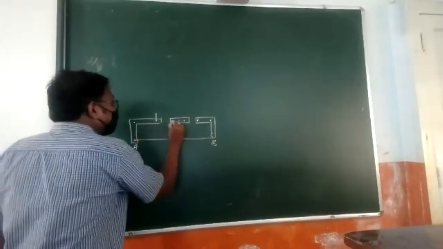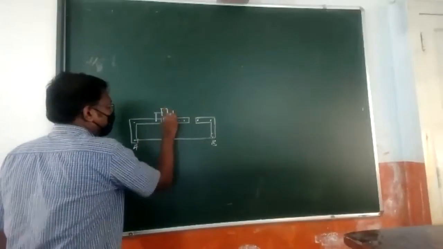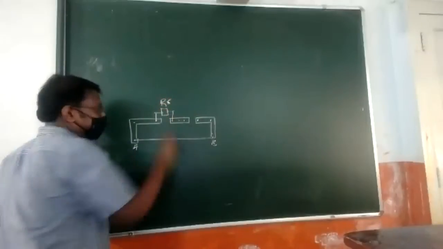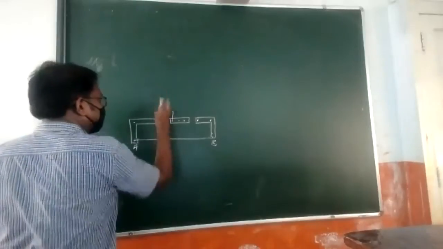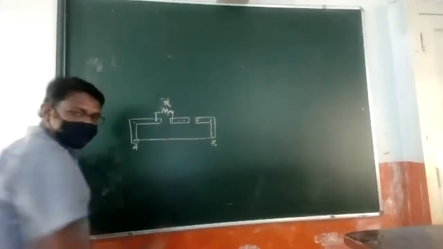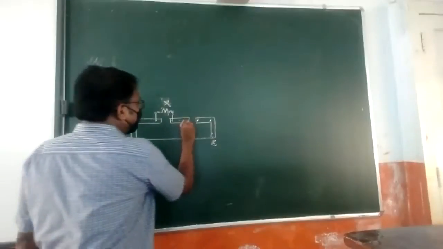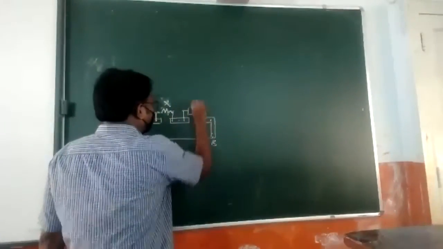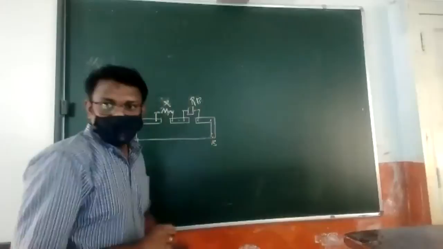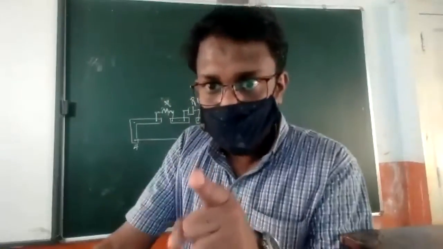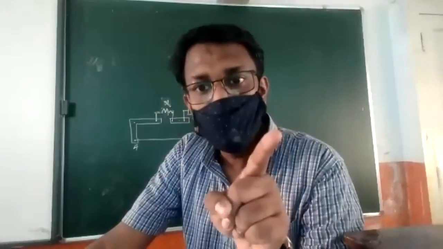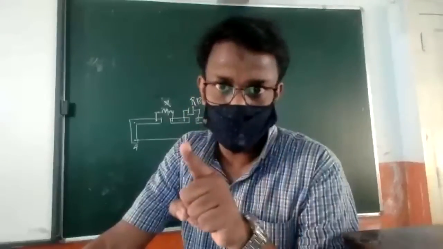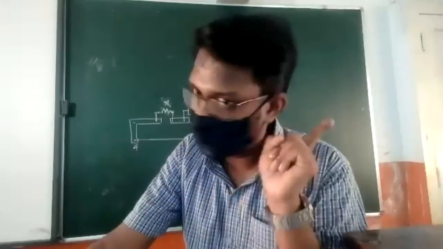In one gap, you are connecting a resistance box R, and in the other you can connect an unknown resistance X. I already told you, a meter bridge is used for finding the value of an unknown resistance, and it is based on the Wheatstone bridge principle.